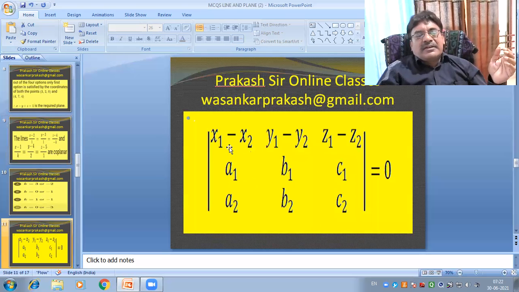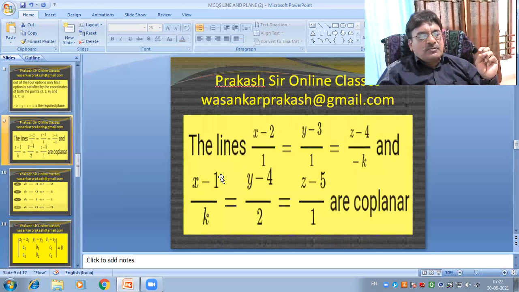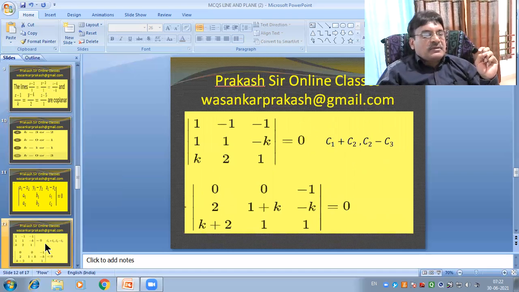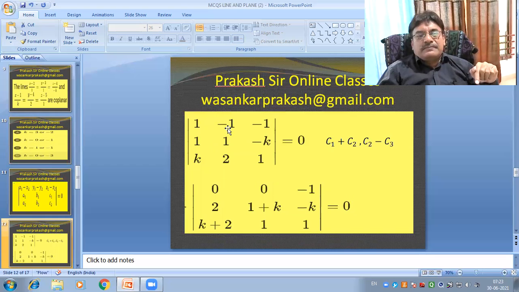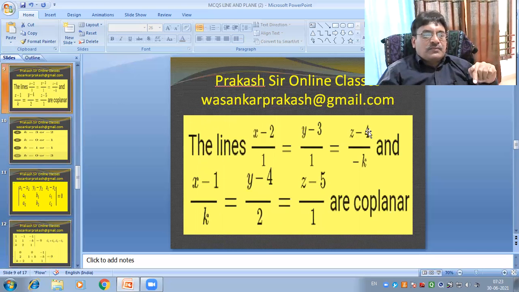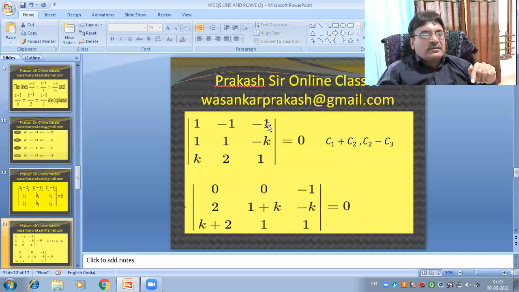We write the formula: the determinant of x1 minus x2, y1 minus y2, z1 minus z2, a1, b1, c1, a2, b2, c2 equals 0, because the three vectors AB, P, and Q are coplanar. x1 minus x2 is 2 minus 1, that is 1. y1 minus y2 is 3 minus 4, that is minus 1. z1 minus z2 is 4 minus 5, that is minus 1.